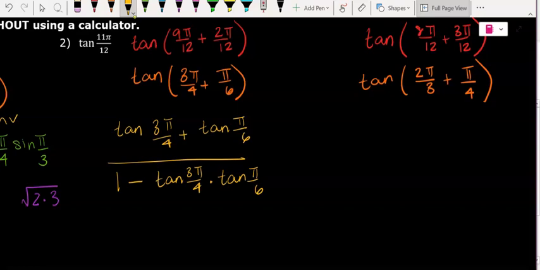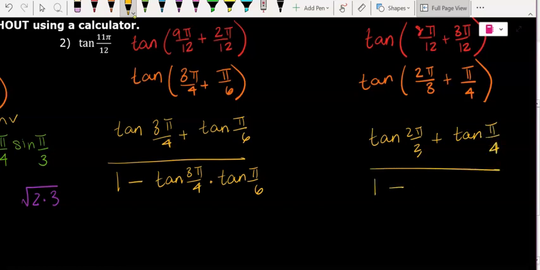And over here this one would be the tangent of 2 pi over 3 plus the tangent of pi over 4, divided by 1 minus the tangent of 2 pi over 3 times the tangent of pi over 4.